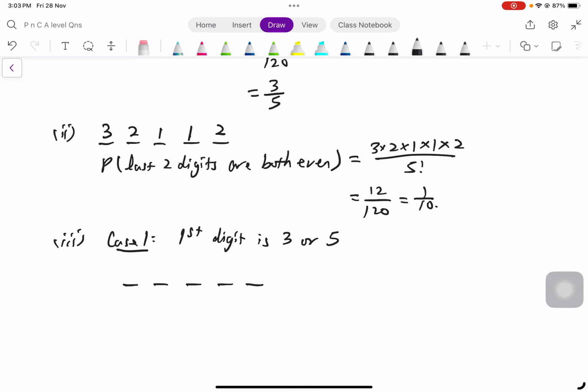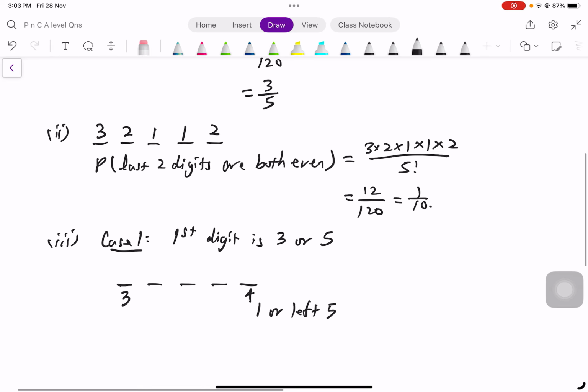Therefore, the last digit can be 1 or the one that is left behind. If the first digit is 3, then you are left with a 5. Therefore, you have 2 choices here.